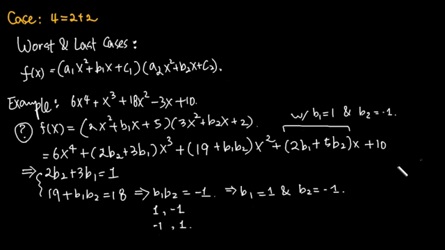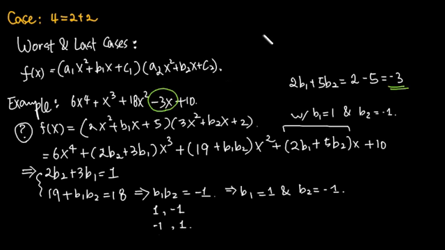That's what we have so far. b1 and b2 are the only things we have to determine, but if you calculate 2b1 plus 5b2, that is 2 times 1, so 2, and 5 times negative 1, that's negative 5, and it is negative 3, and that checks with the coefficient of x in the original polynomial. So the coefficient of x being negative 3 is what we are checking there.